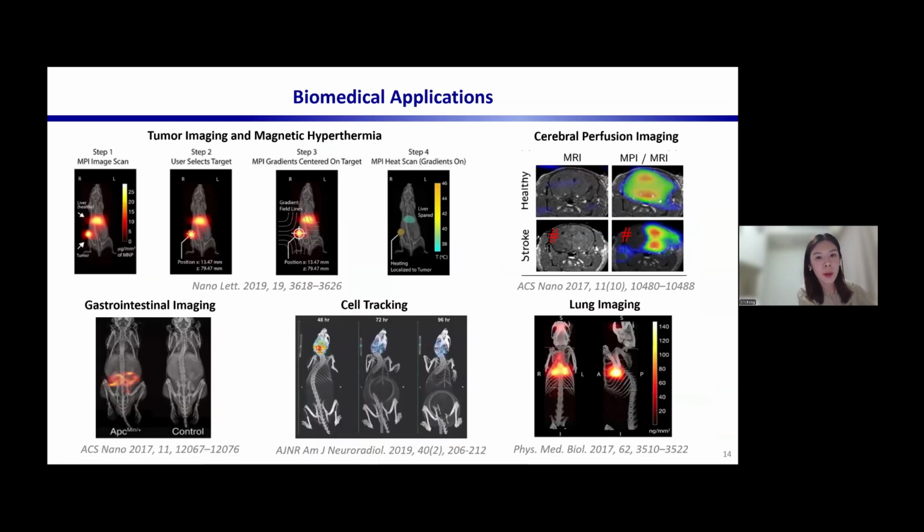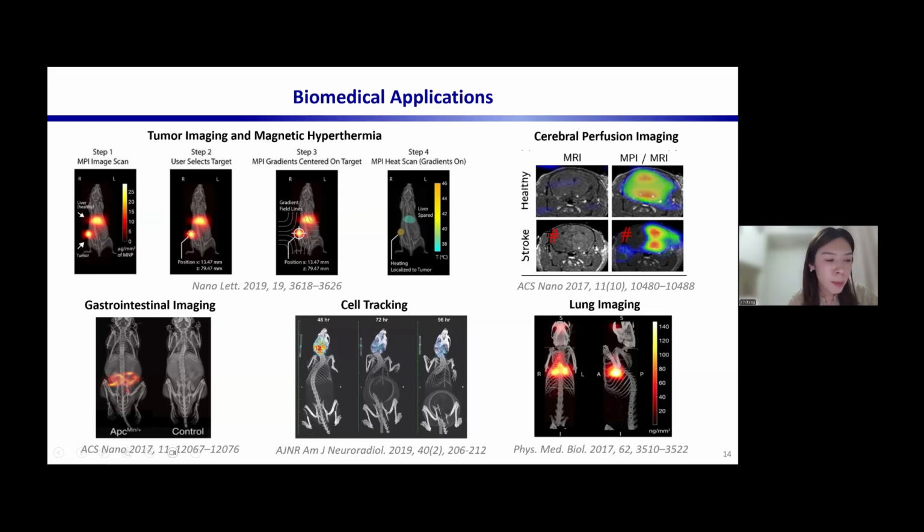And here are the biomedical applications of MPI. So in oncology, MPI is being used for both tumor imaging and magnetic hyperthermia. Many teams have done that. And our team has also designed several targeted probes for tumor molecular imaging, and we will show that later.